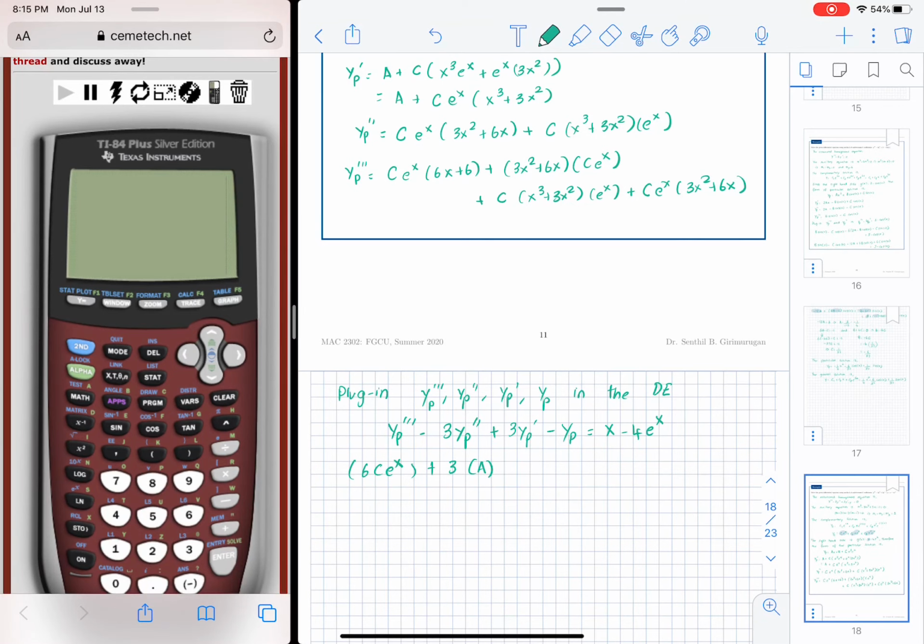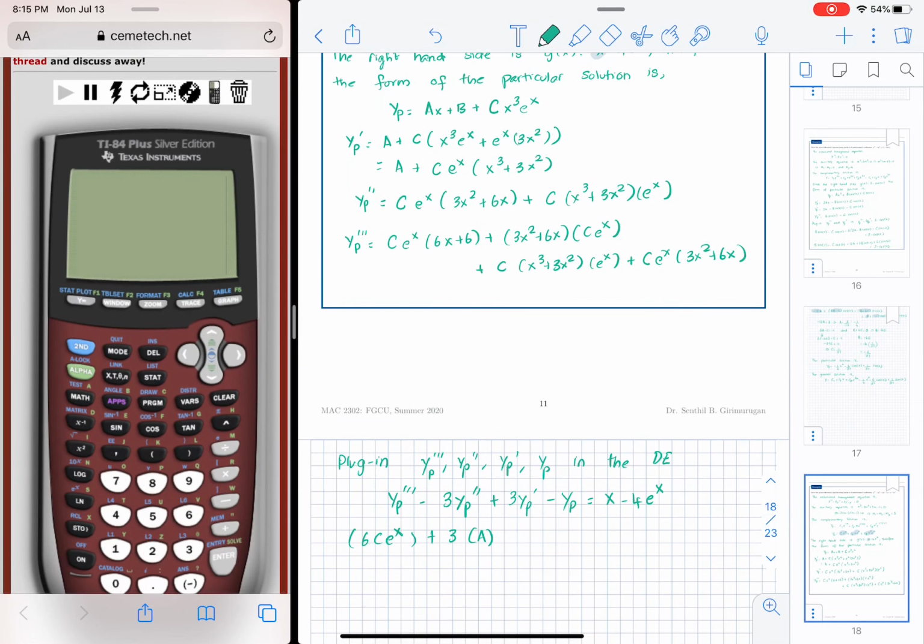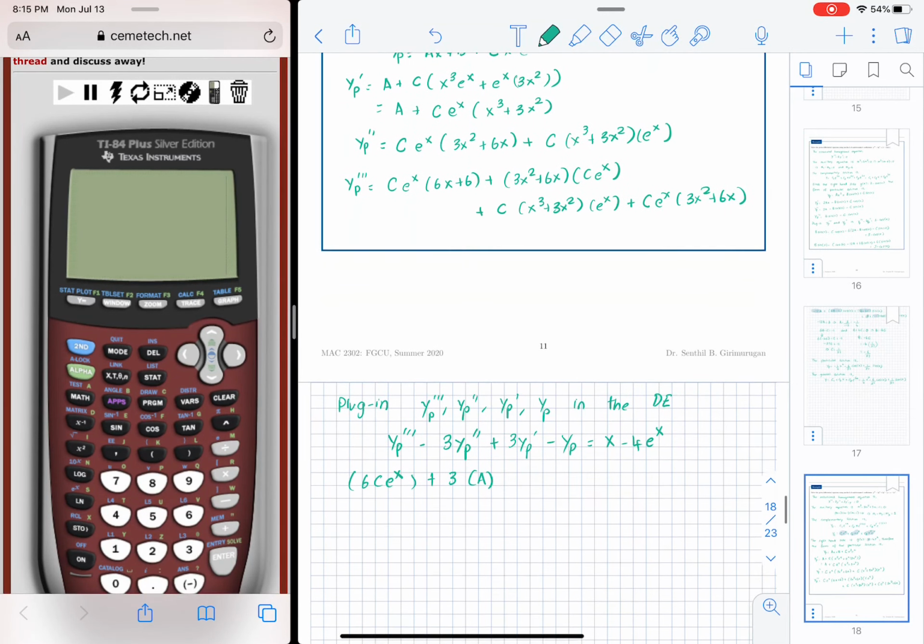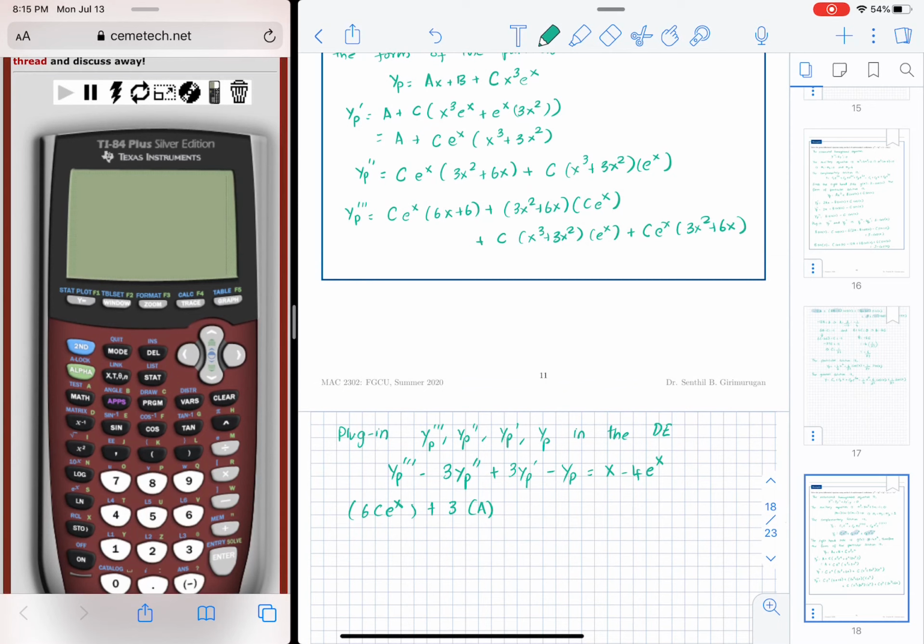I'll have 3a. And in the first one, I have the x term, and I have the ax plus b term with a minus.